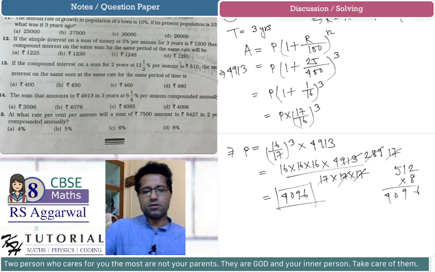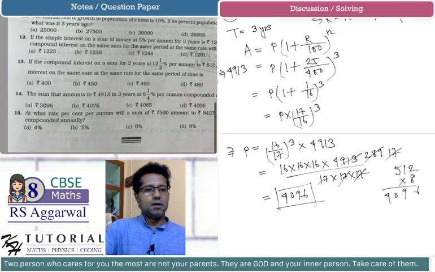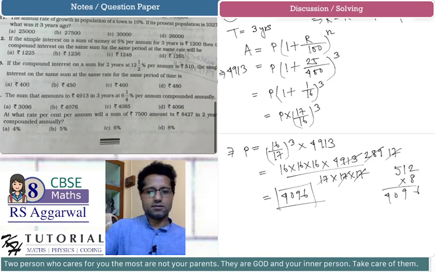P is 4096. That is the sum. The sum is 4096, and hence the correct choice is D.